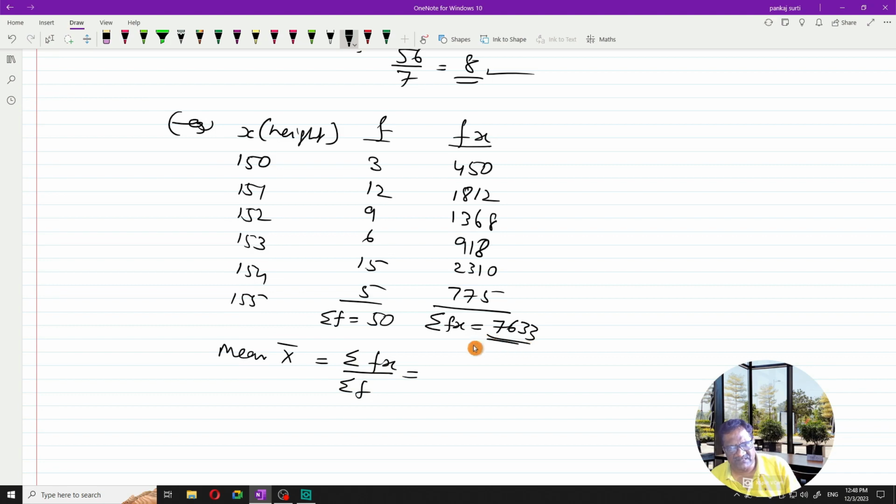That is 7633 divided by 50, which works out to 152.7. So this is the arithmetic mean of this particular data.